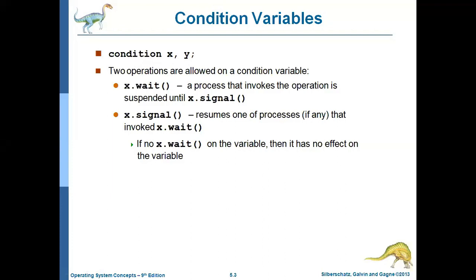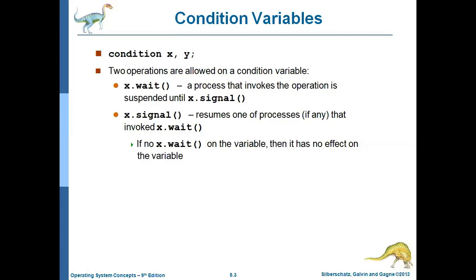So for x dot wait, that is, on the condition variable x you have to apply the wait operation. What happens is, a process that invokes the operation is suspended until x dot signal.